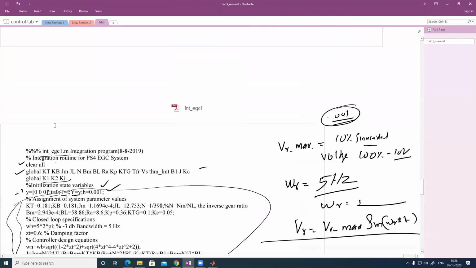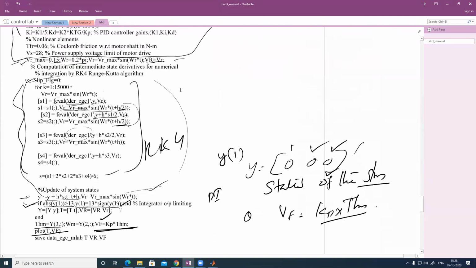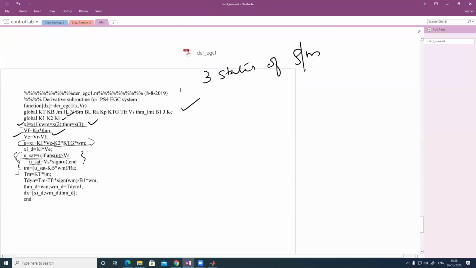Here Im is coming. Im multiplied by the torque constant will give you Tm. Im is equal to this value minus this value. So Im is equal to U saturation minus Kv into omega m, divided by Rf. That value is Im. Kt multiplied by Im is equal to Tm.